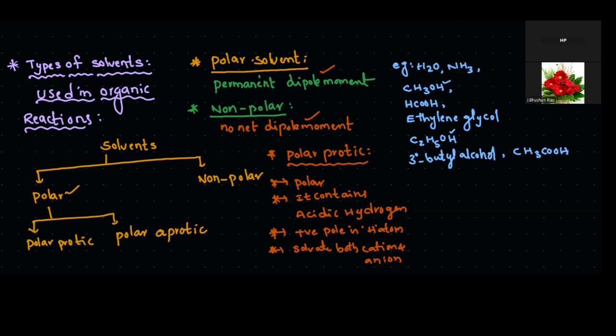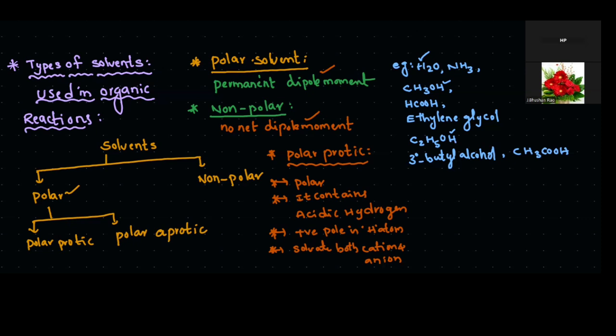These depend on the dielectric constant values. The dielectric constant of the water molecule is very high, nearly 79. If it is very high, it acts as more polar protic in nature.